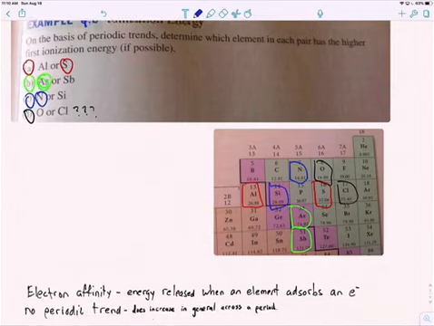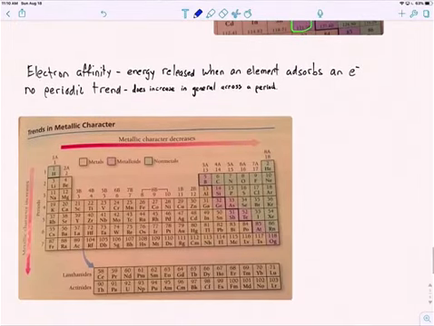Okay, now moving on, talking about electron affinity. Electron affinity is the energy released when an element absorbs electrons. In general, there is no periodic trend. There is an increase across a period, but I more or less disagree with this. This is my own personal belief, because, for instance, xenon has an electron affinity, which is weird because it's a noble gas.